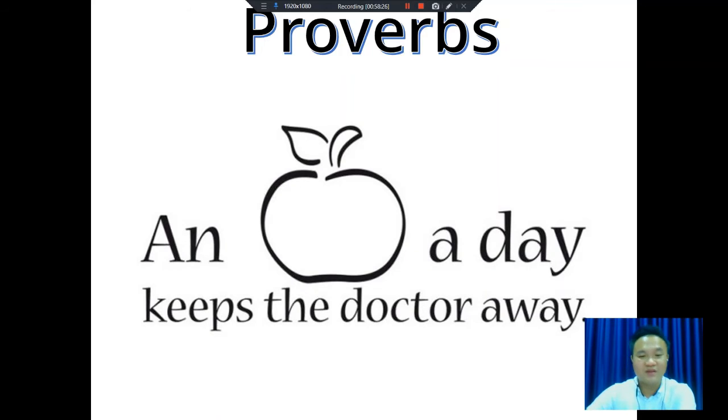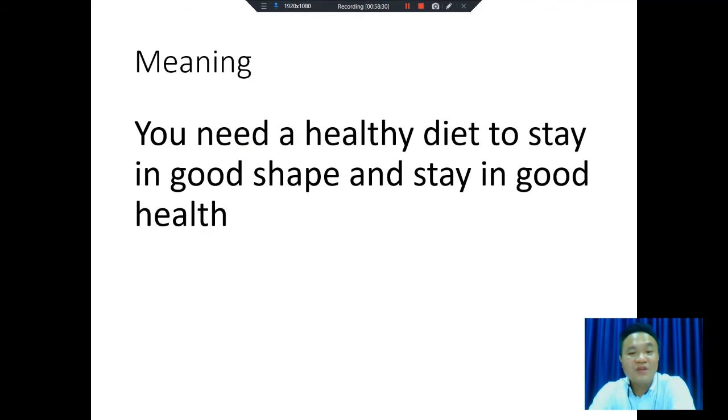You need a healthy diet to stay in good shape and good health. The focus here is healthy diet, the way you eat. A lot of students misunderstand this proverb. The main focus is healthy diet.